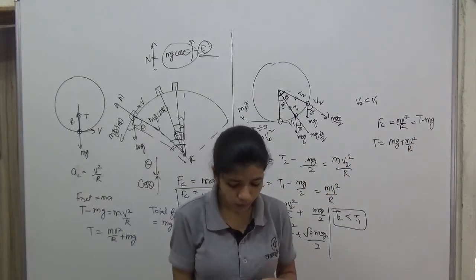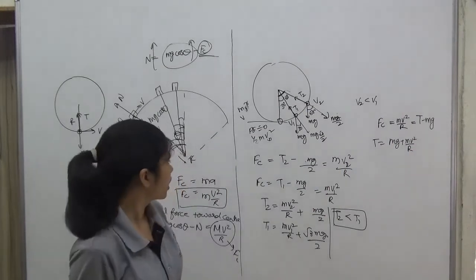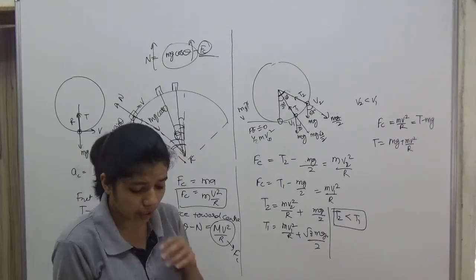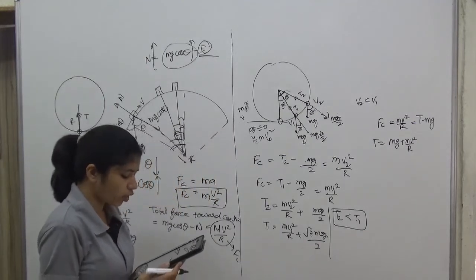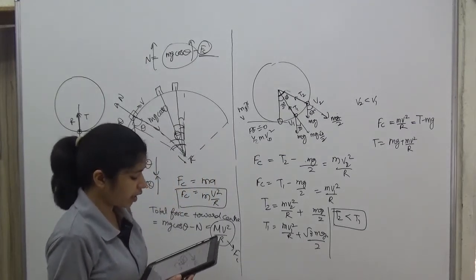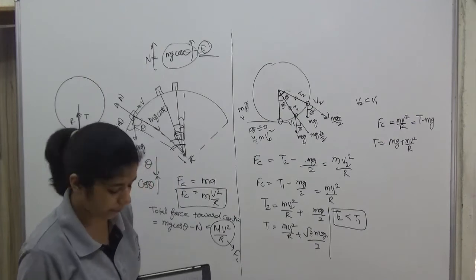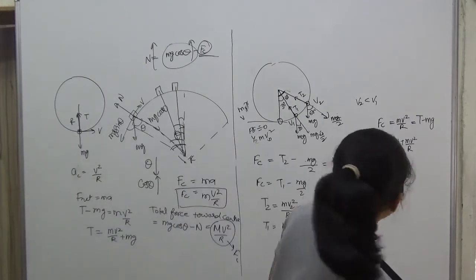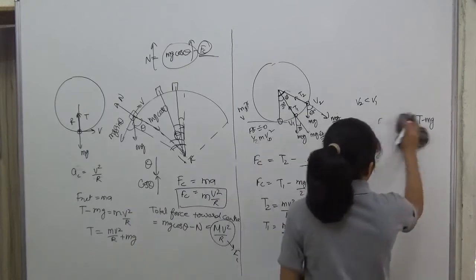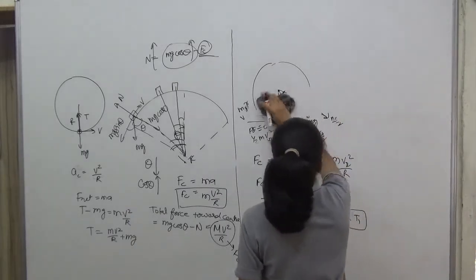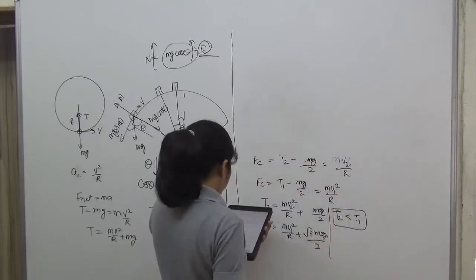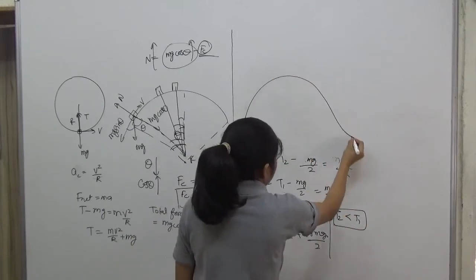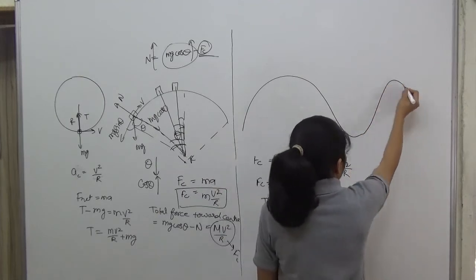Yes. Question number E6. A car moves at a constant speed on a road as shown in the figure. The normal force by the road on the car is NA and NB when it is at points A and B. What is the relation between NA and NB? The path is given something like this. Clear?